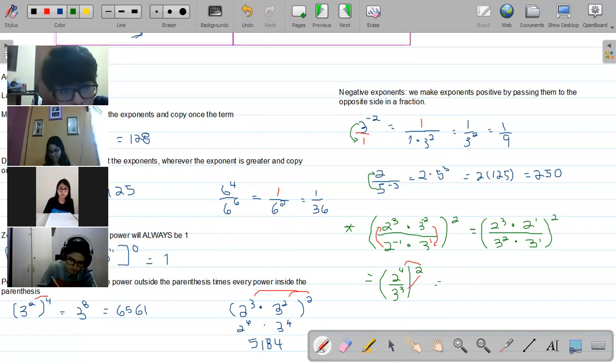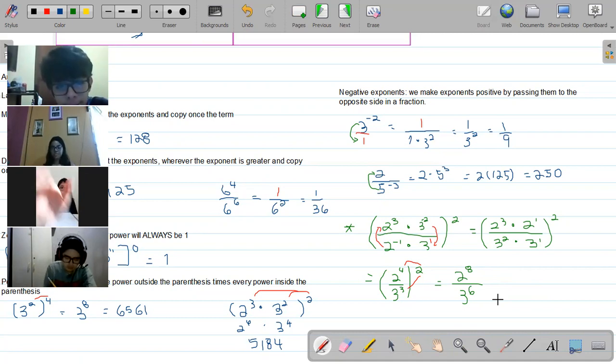So I'm going to have 2 to the 4 times 2, that will be 2 to the 8th power over 3 to the what power? 6. 3 to the 6th power, correct. And this is the exponential form of the exercise that we just simplified, okay?